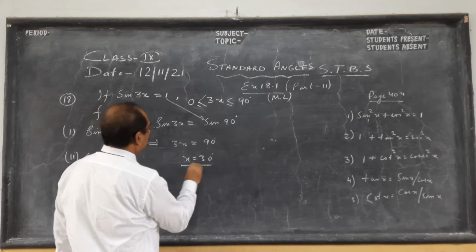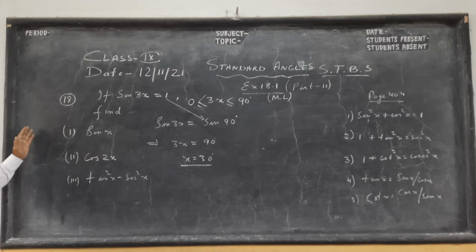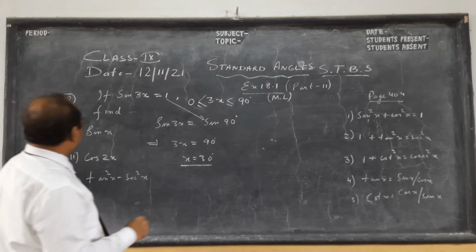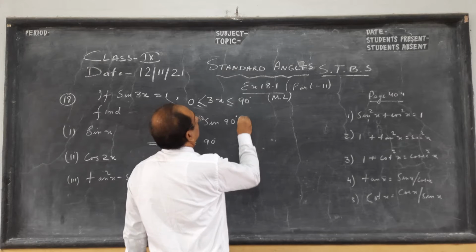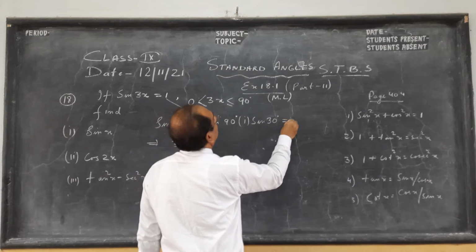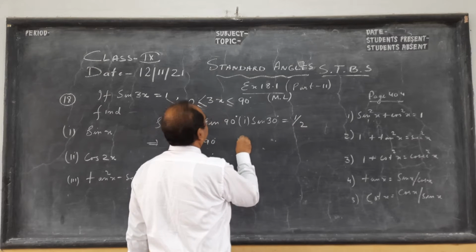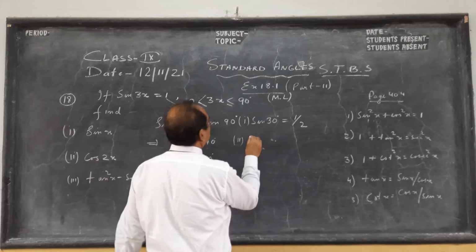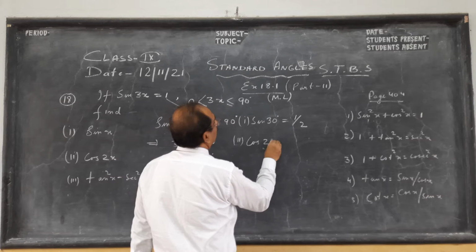With the 30 degree value we have to find three things, children. See question 18 of M.L. Agrawal's book. First, sine x means sine 30, and sine 30 is half. Next is cos 2x.